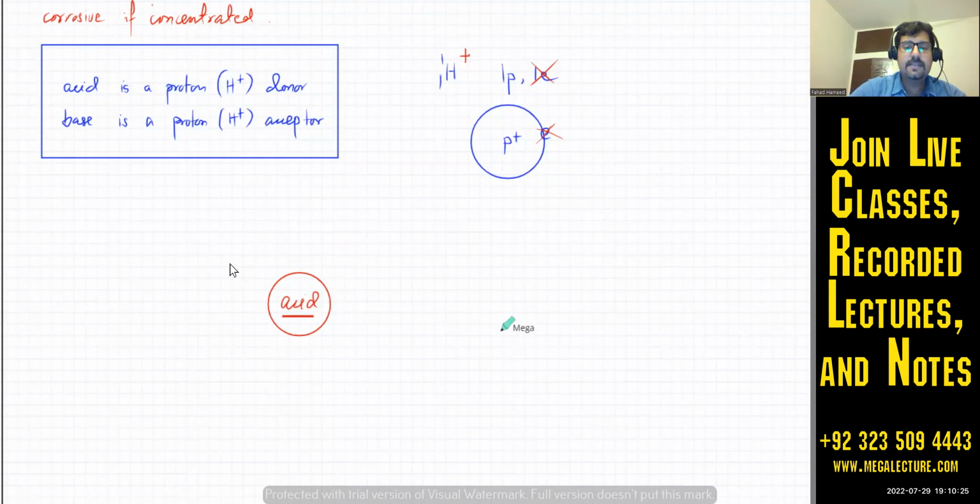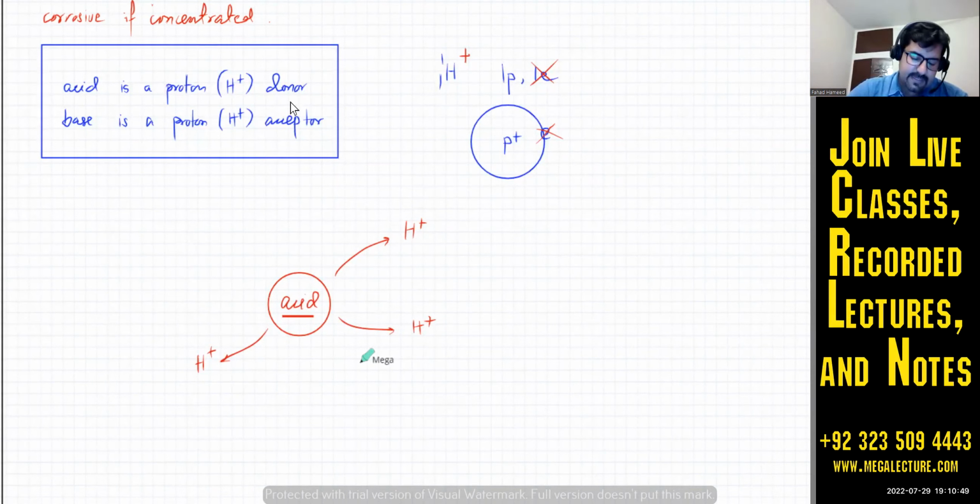What does it do? It's a proton donor. Imagine a molecule floating around you, and it releases H plus 1. If anyone needs H plus 1, it will give it to that thing. That's what an acid is.